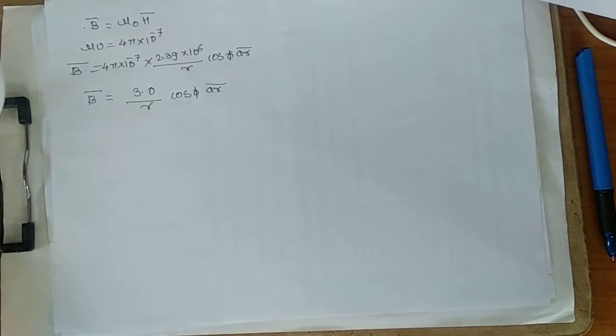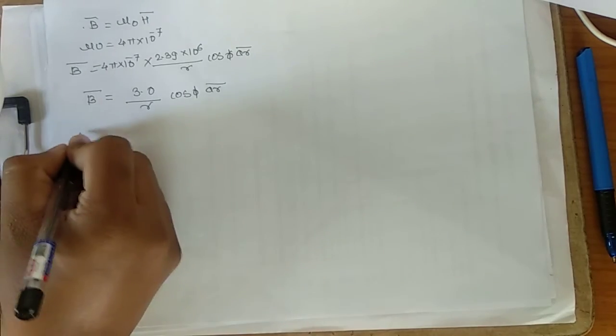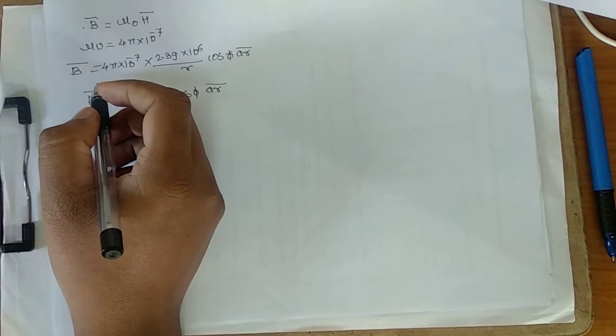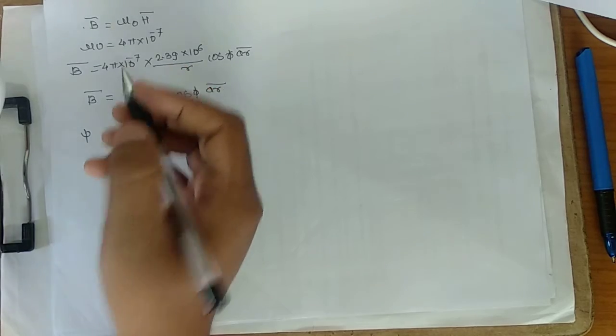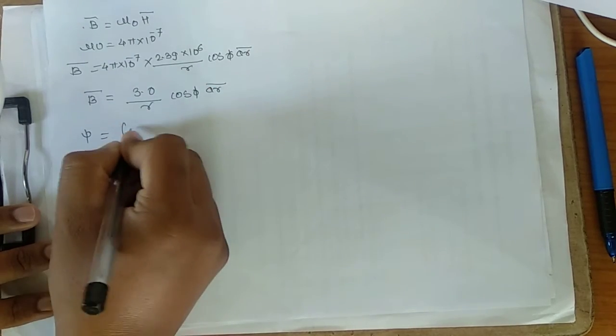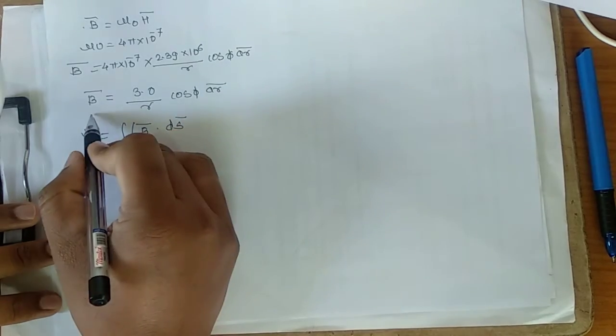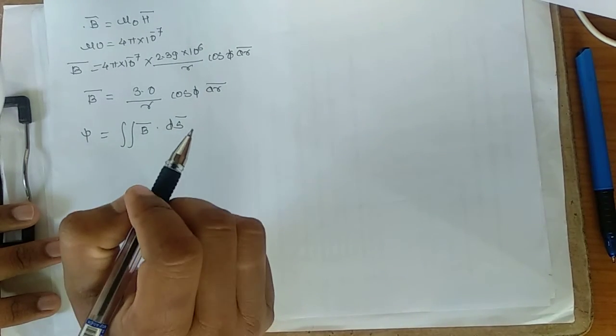Now what is next? Once you have the magnetic flux density, you have to find the magnetic flux by using psi is equal to the integral of B bar dot ds bar. We have B bar, but we have to find the ds bar.